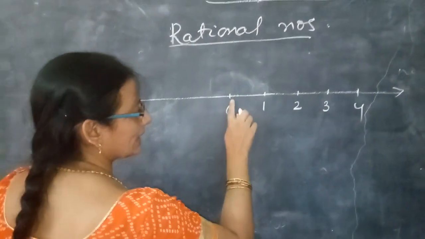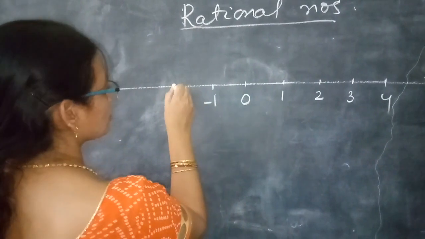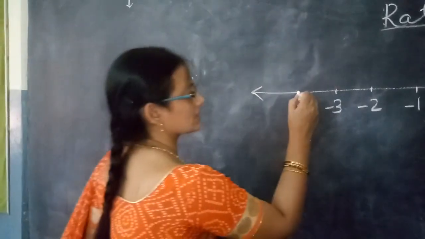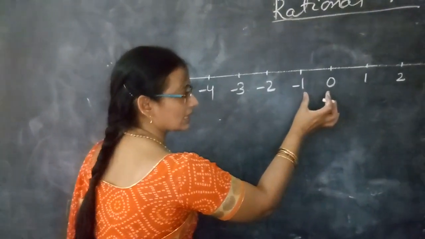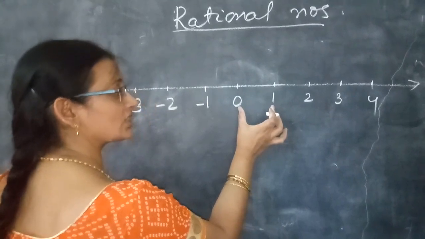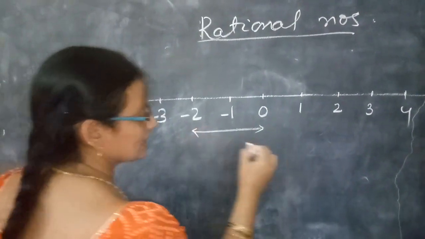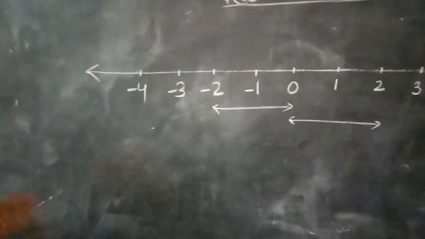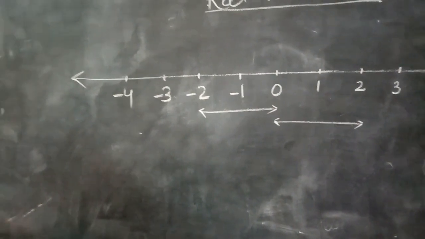See that there will be equal intervals. In the same way on the negative side also, write the successive integers at equal intervals, so that you will see that the distance from the negative number to 0 and from the same positive number to 0 will be the same. That means minus 2 to 0 is the same as 0 to 2. The distance from minus 2 to 0 and 0 to 2 is equidistant.